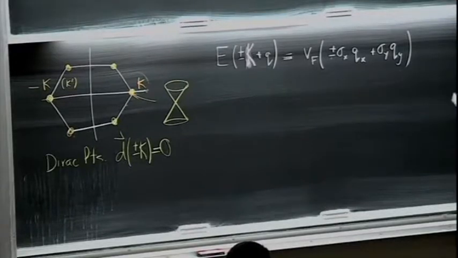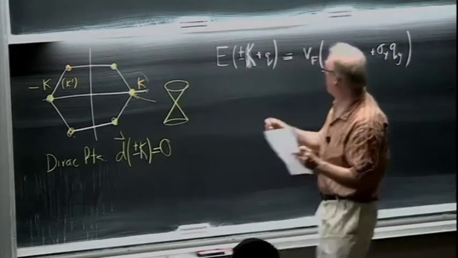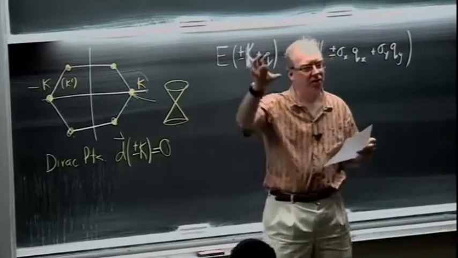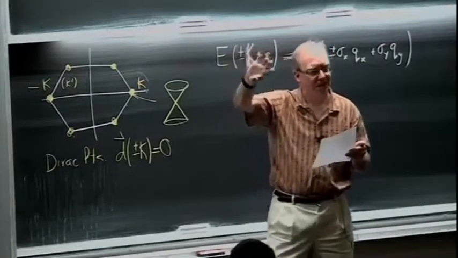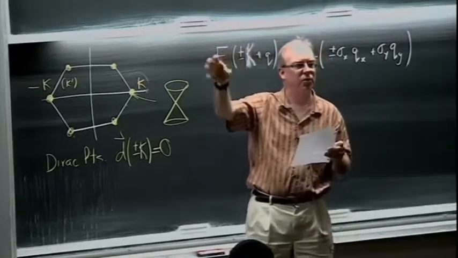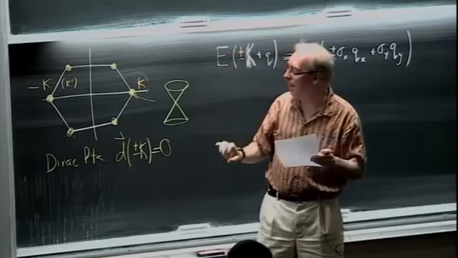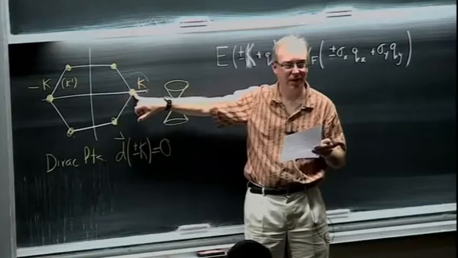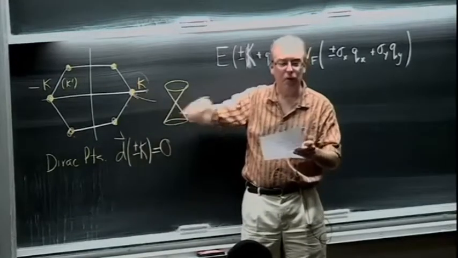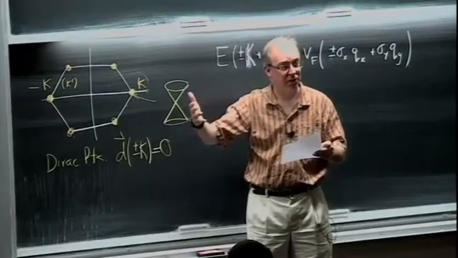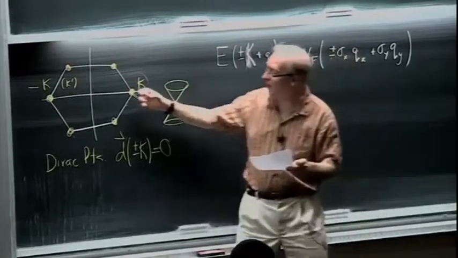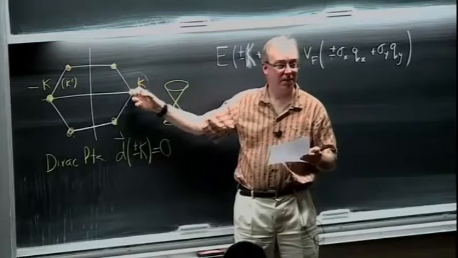Good. Now I want to make a couple of points here. First of all, the full symmetry that graphene has also includes a threefold rotational symmetry, that sort of fixes the Dirac point to be at this corner here. If you were to relax that rotational symmetry, but keep P and T, then these Dirac points can't go away because they're a winding number.